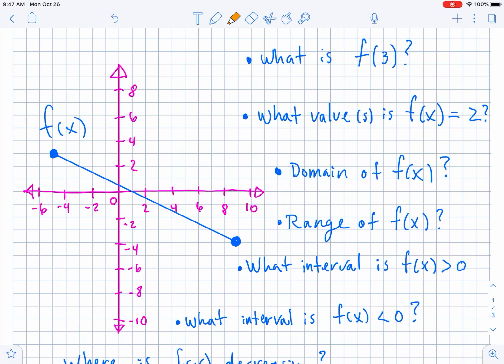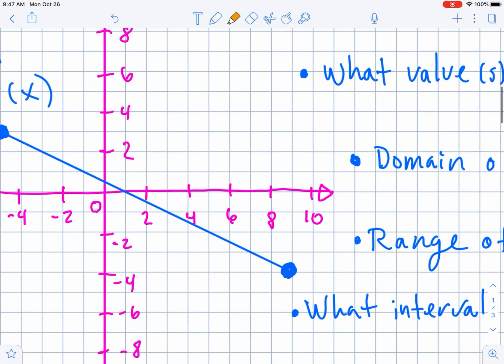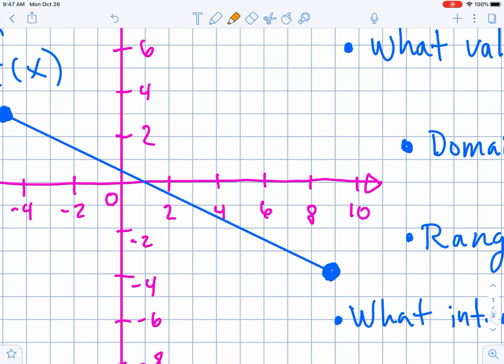Now, this graph right here, you should copy down in your notes, and the tick marks need to be exact because we're going to be doing some exact things with it. First up, what is f of 3? Well, this means putting a 3 into the function and seeing what comes out.